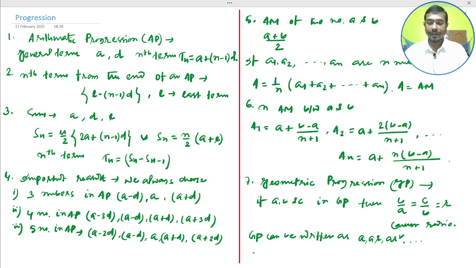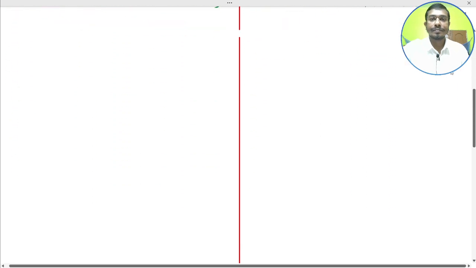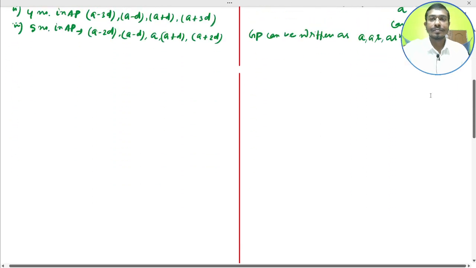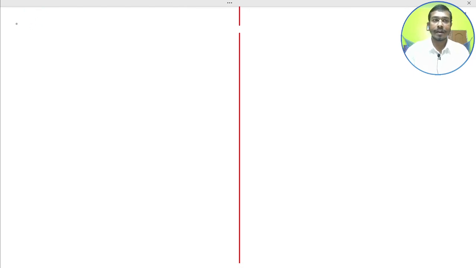And here in GP, the nth term, that is Tn, is equal to A r to the power n minus 1.